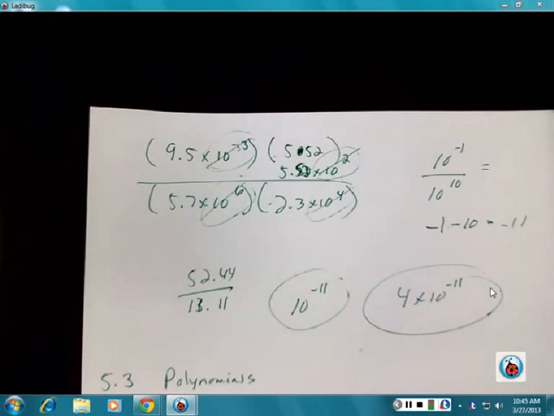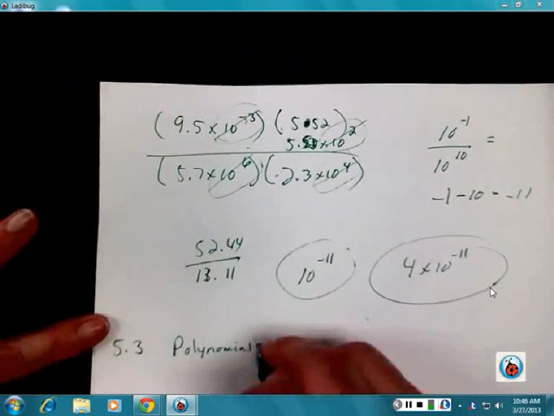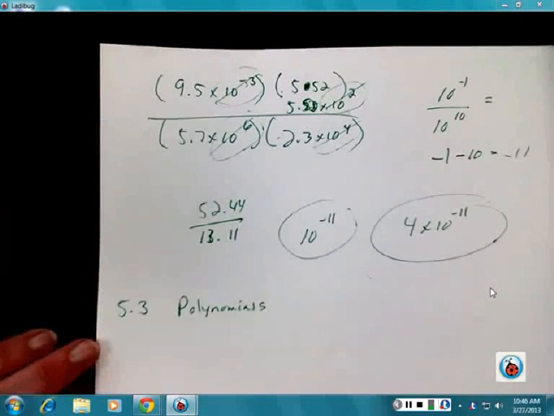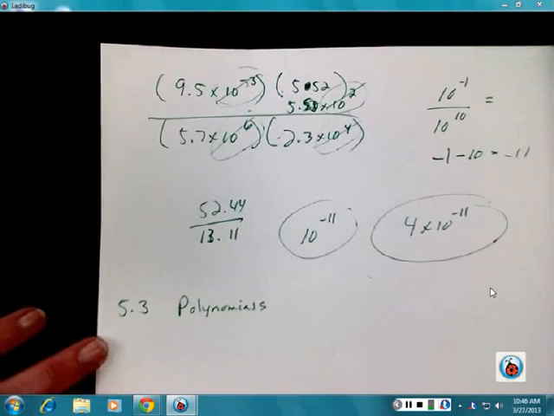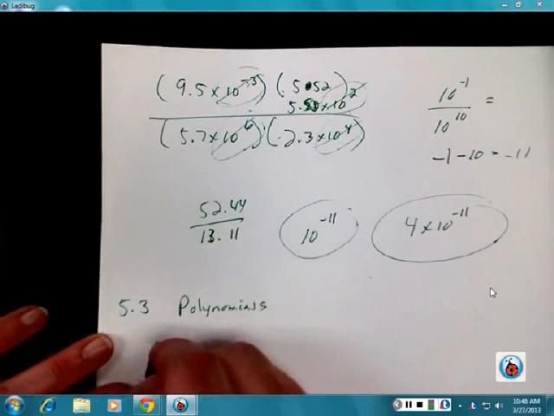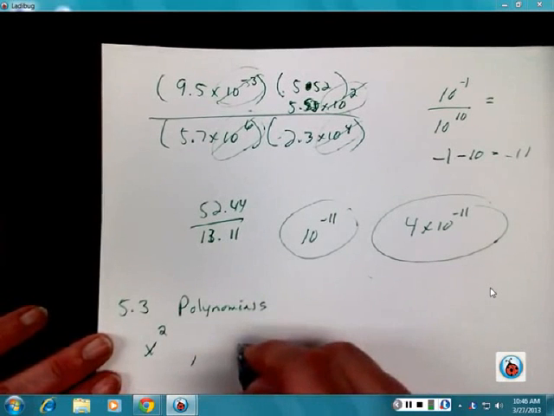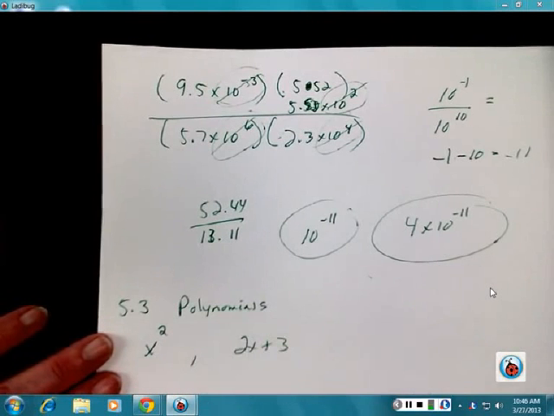All right. So that was scientific notation as far as getting that part together. In 5.3, we're dealing with polynomials. We've had polynomials ever since Chapter 2, but we never labeled them and never called them anything. A polynomial is something like x squared. It could be 2x plus 3.